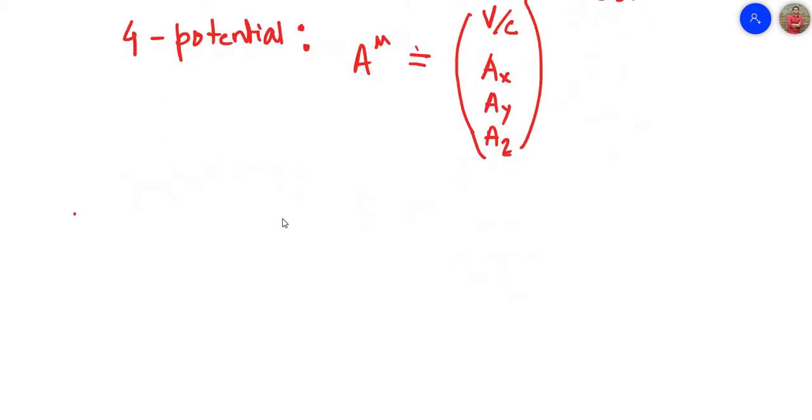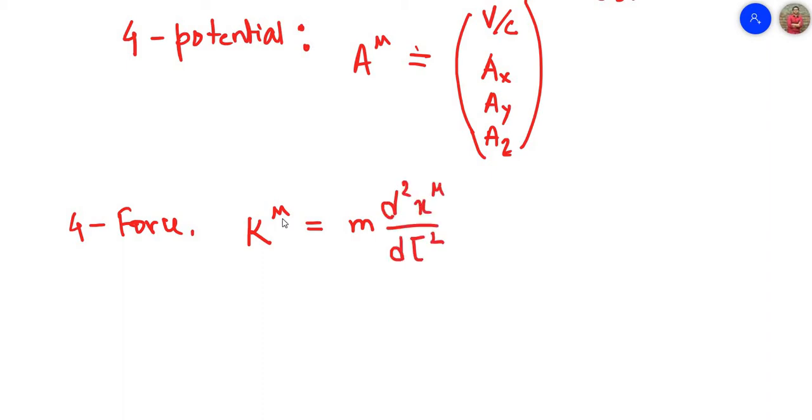We may also have the 4 force, which is the generalization of three-dimensional force, and is written as K mu, and it is defined as the mass times the 4 acceleration. It is important to distinguish that we will not refer to different kinds of masses. Normally in the old relativistic books, they introduce two different kinds of masses.